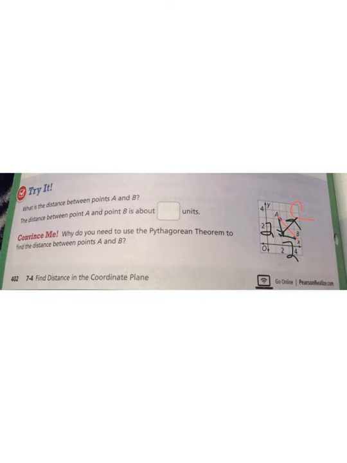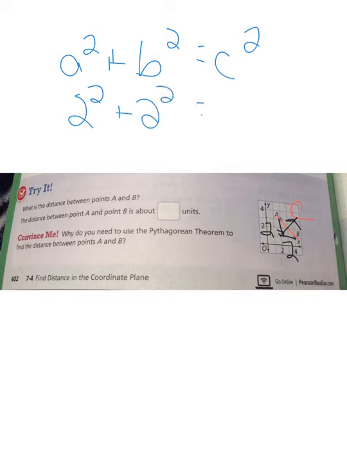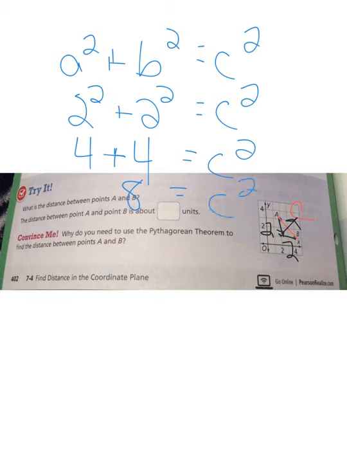So we can plug these numbers into the Pythagorean theorem. A squared plus B squared equals C squared. 2 squared plus 2 squared equals C squared. Plug all of our numbers in. 4 plus 4 is 8. But that's C squared.